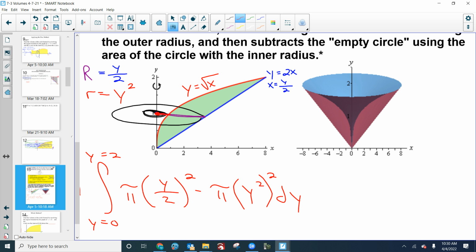Okay? So let's make a quick rule, because some of you like little rules. These are only for the disk and washer methods. If you're going around a horizontal line, are you going to have dx's or dy's? If you're going around a horizontal line, dx's. Because think about it. If I'm revolving around a horizontal line, isn't this thing spinning this way?